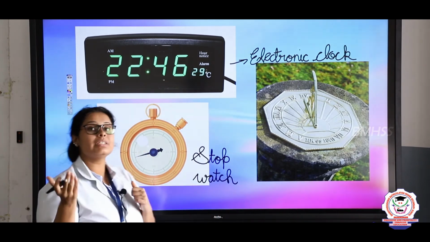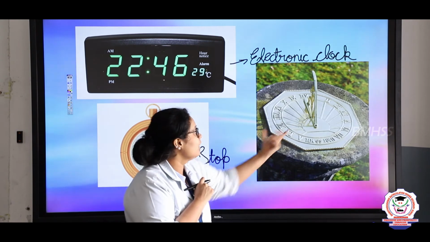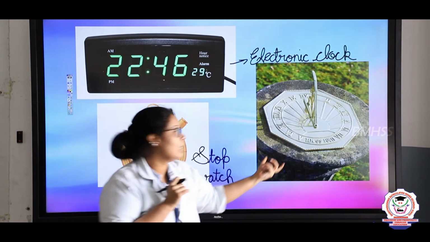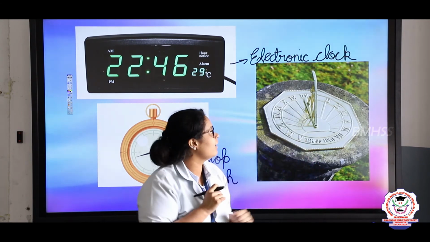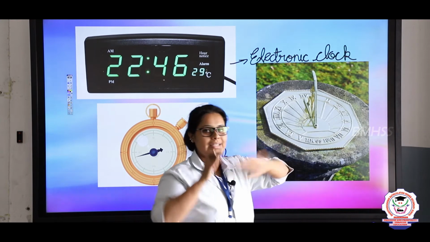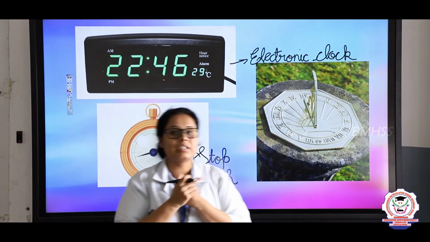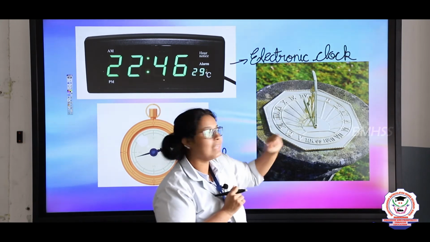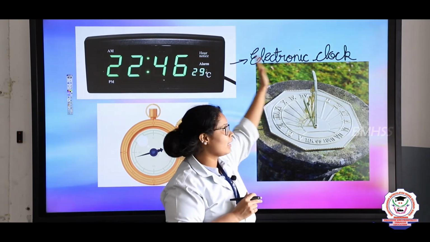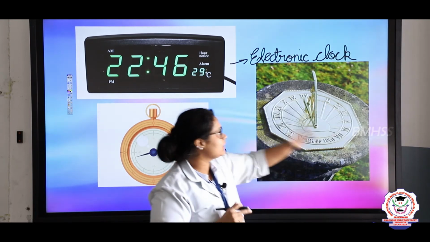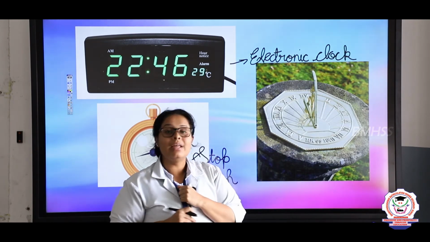In the same way, in earlier times they used a sun clock, or a sundial. So what is the sundial? Here they have marked from 1 to 12, like the clock we have in homes also, okay. As the sun comes, it will cast a shade at a particular place. For example, it is 12 o'clock, then what will happen?